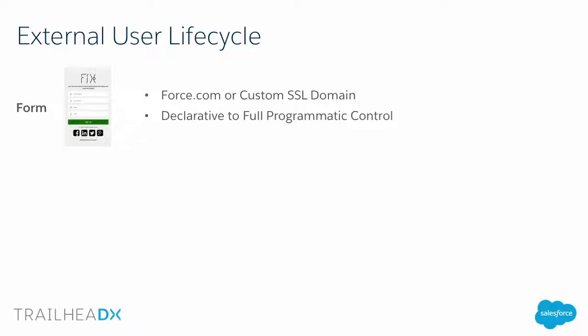We also provide examples. So we actually have the source code for the Lightning components used for login, registration, and forgot password flows available on every customer org. So if you want to take what we've already created and modify the business process behind it, it's very easy to do so.